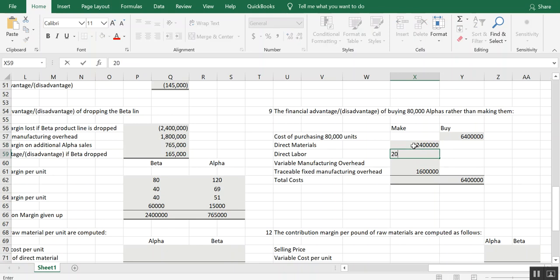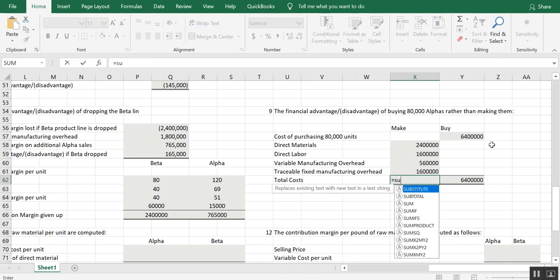We'll also have $20 times 80,000 units, equals $1,600,000 in direct labor, and then we're going to have $7 times 80,000 units for variable manufacturing overhead. These are the only costs that we consider because these are the only costs that will go away if we decide to buy these.